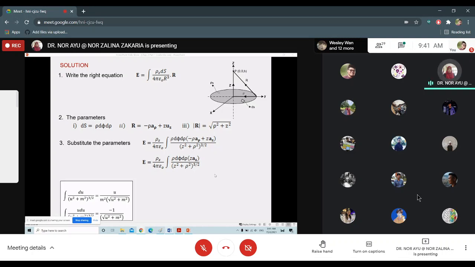Okay, how to write it? Susun dia dulu. Dan kita tengok kita perlu atau tidak guna identity test.